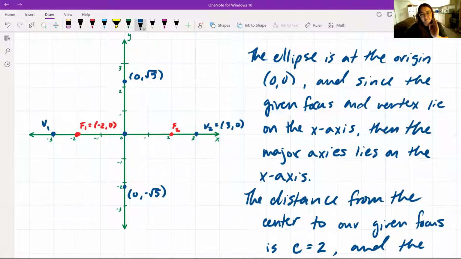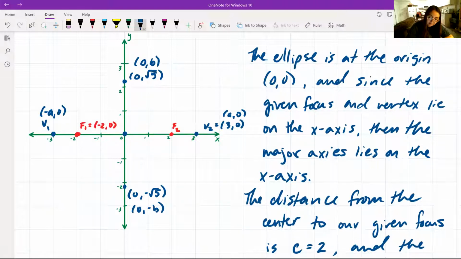So we've drawn all of our points. Now what we need to do is just connect all of our blue points in this case, except for the center. So we want to connect our y-intercepts, and we want to connect our vertices. So remember our vertices, this is a, 0. This is negative a, 0. This is 0, b, and 0, negative b. So let's go ahead and connect these points.